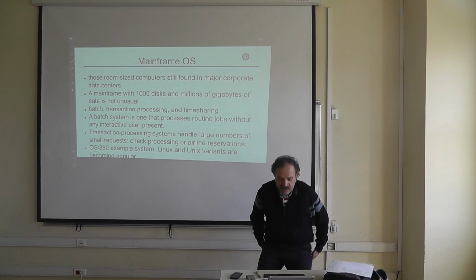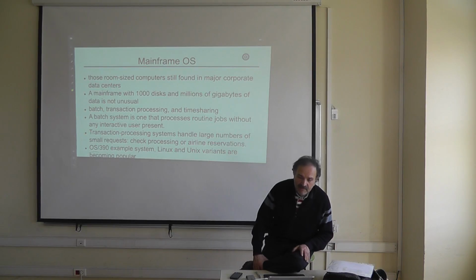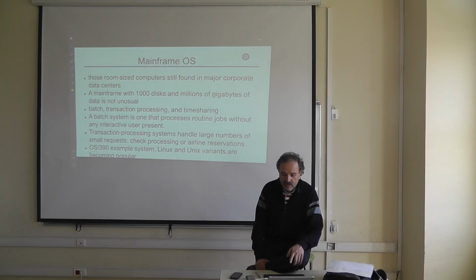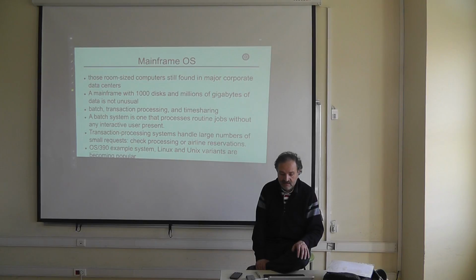There are many operators that run these types of computers. With the mainframe, everything has to be big. You have thousands of disks. I mean, this is not an exaggeration. Thousands of disks and millions of gigabytes of data. Millions of gigabytes is like hundreds of terabytes of data, maybe thousands of terabytes of data.